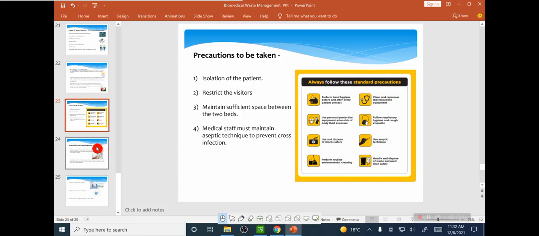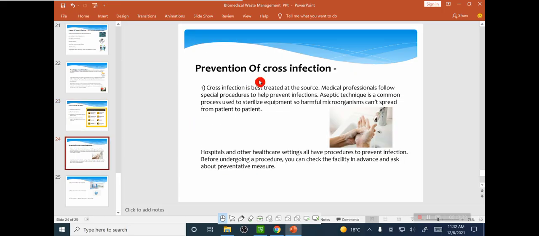Then after that we have how to prevent cross infection. We prevent it by using the aseptic technique. If we use the aseptic technique in the hospital, then we prevent cross infection.